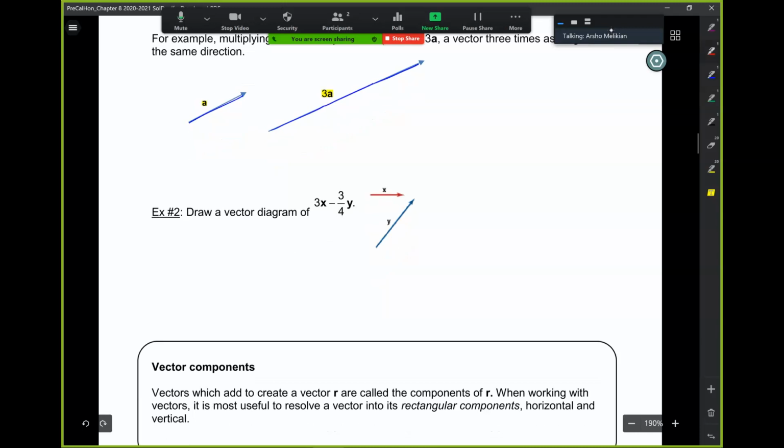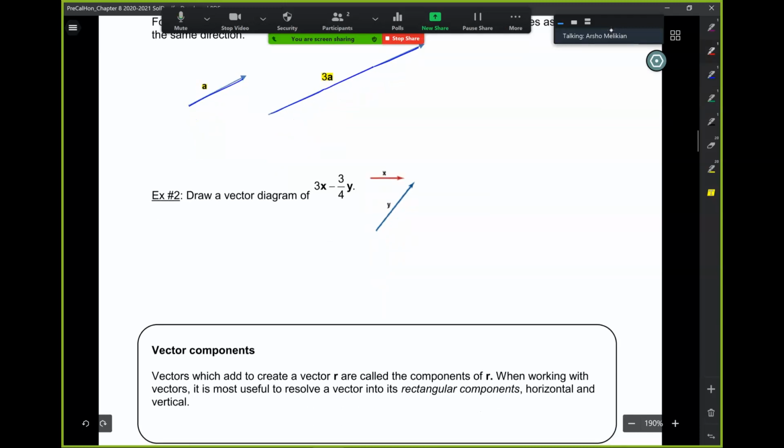So take a look at this. I'm given X and Y. Now I need to draw 3X minus 3/4 Y. Look, this is X. 3X is a vector in the same direction, but 3 times bigger.